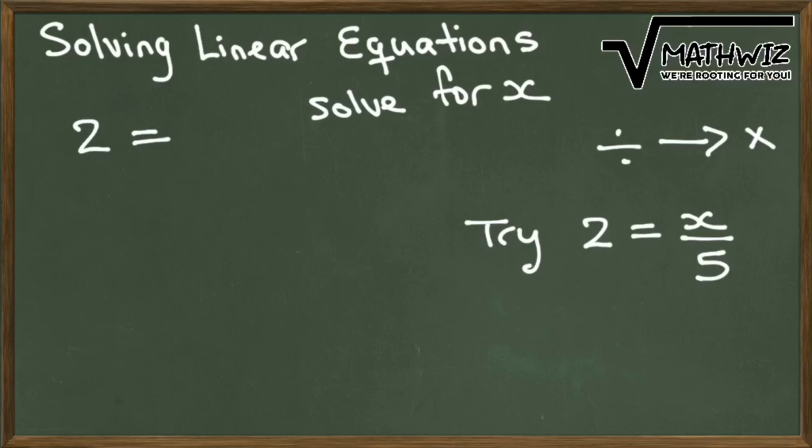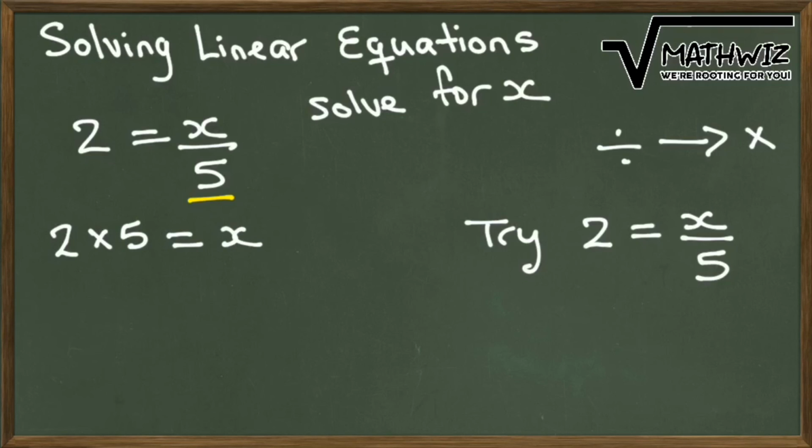All right, provided you have worked it out, the 5, which is divided, when you take it across, go ahead and multiply. And 2 times 5 is going to give us 10.